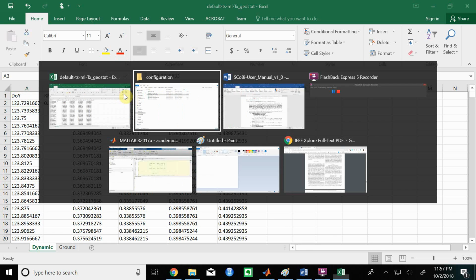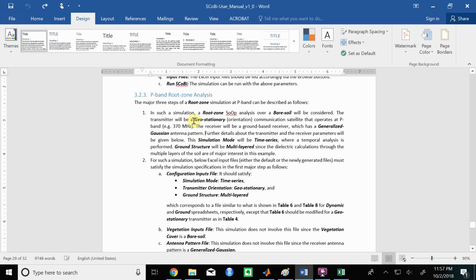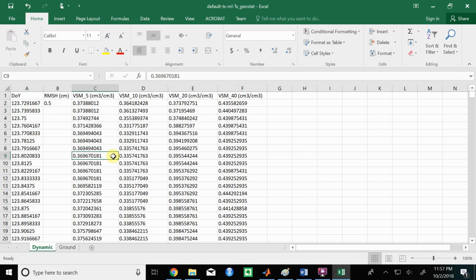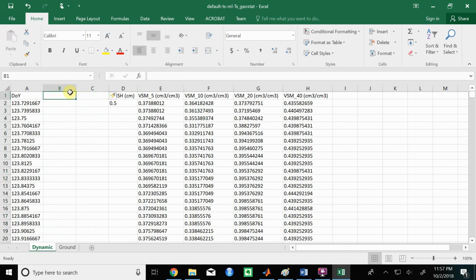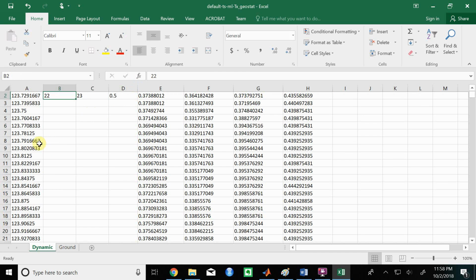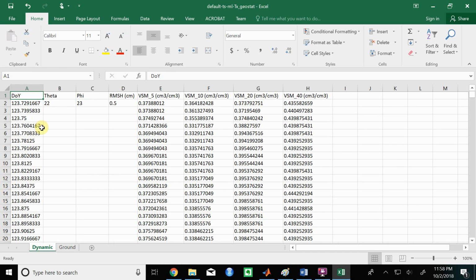Alright, so one thing to note is that in our problem definition, we said this is a geostationary satellite, and up to this point, for our examples, we've assumed that we had a variable antenna orientation. If that was the case for this one, we would have two columns right here, which would have been theta and phi, with numbers going all the way down to the bottom of this page, where these variables stop.